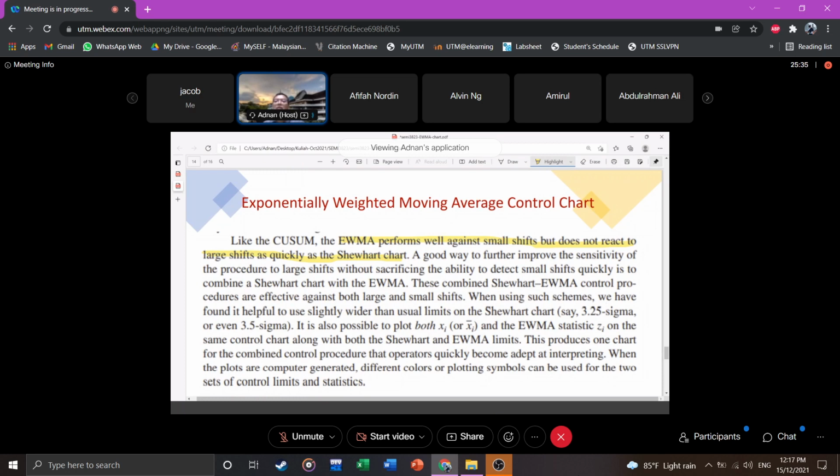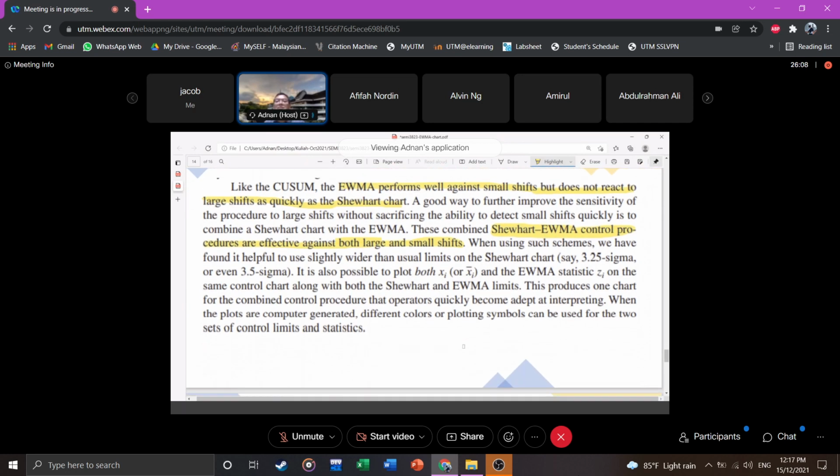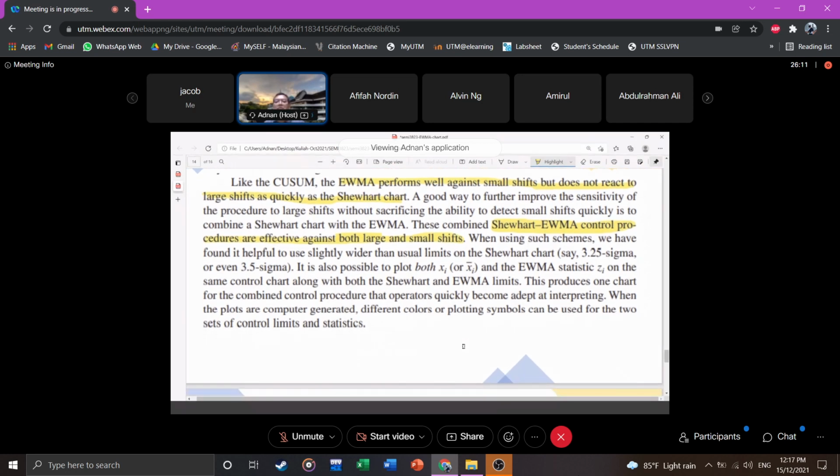So what we can do is use both Shewhart and EWMA control charts jointly together. If you want the benefit of both, being sensitive to large shifts and also small shifts, we can combine them so that we can detect small and large shifts concurrently. So it is very important for us to understand what type of shift you are having in your process.